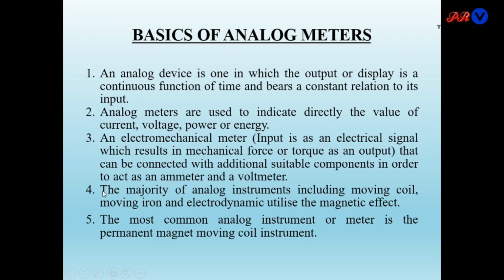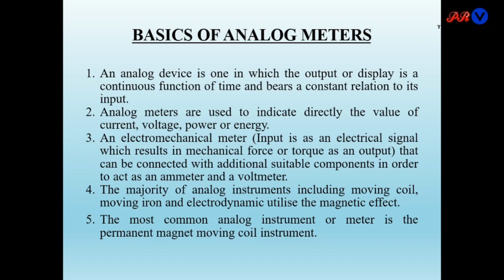Fourth one, the majority of analog instruments, including moving coil, moving iron and electrodynamic, utilize the magnetic effect. These instruments which have moving coils, moving iron and electrodynamic, always utilize magnetic effects.